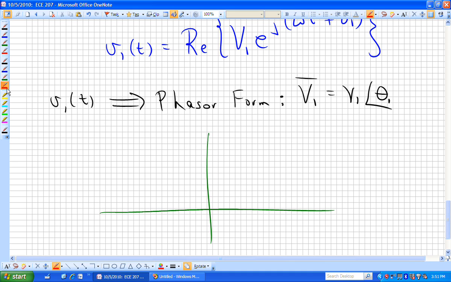Let me go ahead and say that's in black. This magnitude or length is V1, and this angle is theta 1. And that would be this V1 bar, or the phasor of V sub 1.